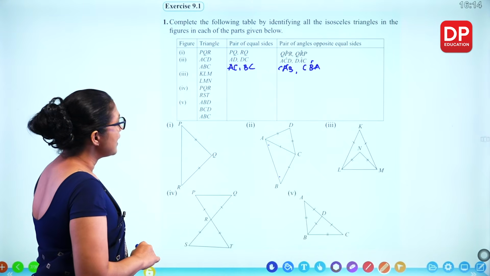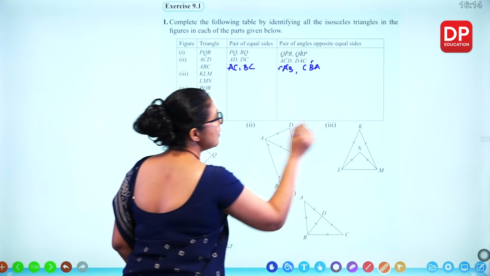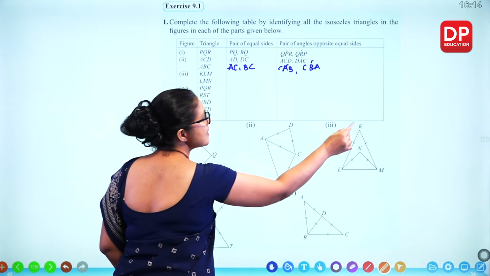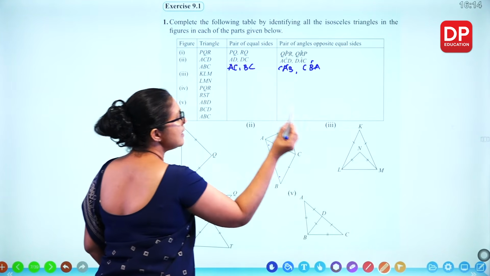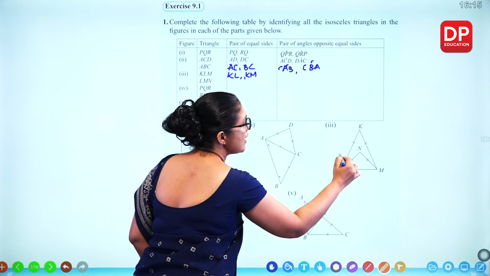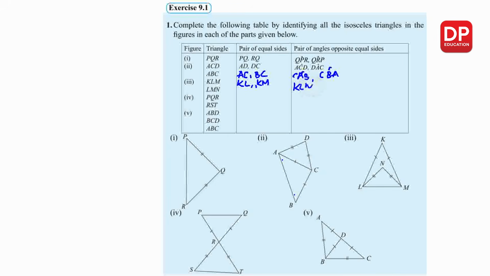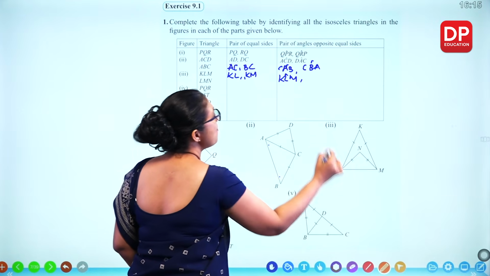Now the next one, KLM triangle. So the big one. So what are the two equal sides? KL and KM. What are the angles equal? If these two lengths are equal, we can say KLM angle is equal to KML angle.